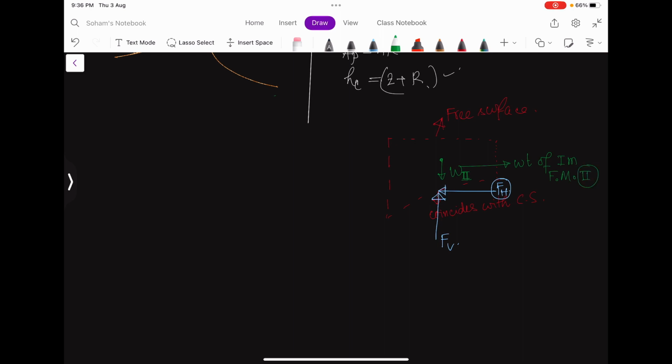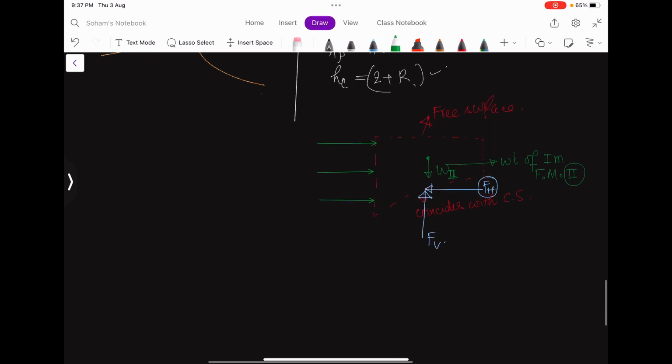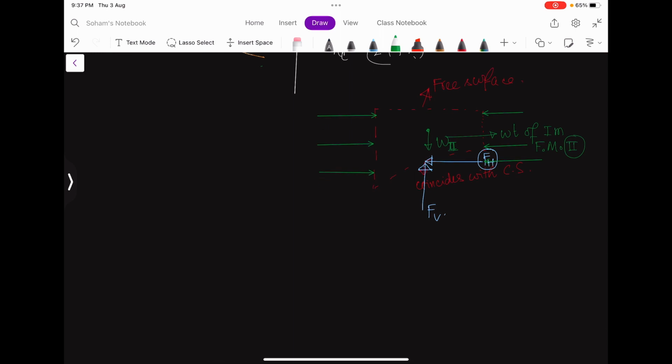Again I have the pressure forces, right? On this face, pressure force is always perpendicular and compressive to the face, and on the other face, I again have this one. So these are the pressure forces.